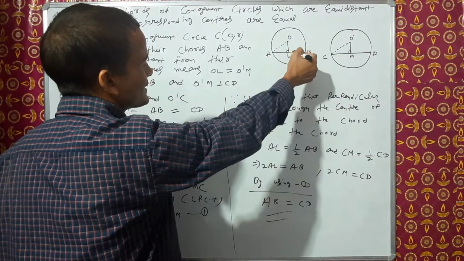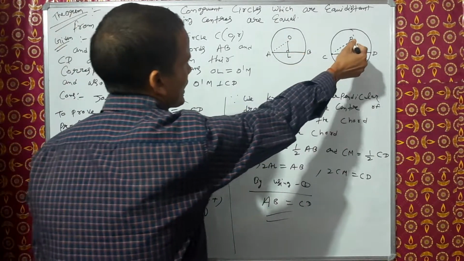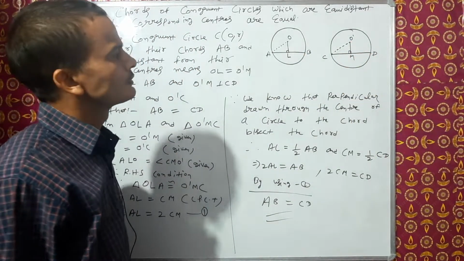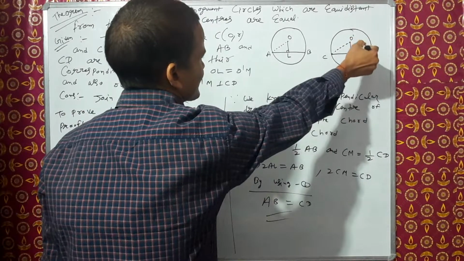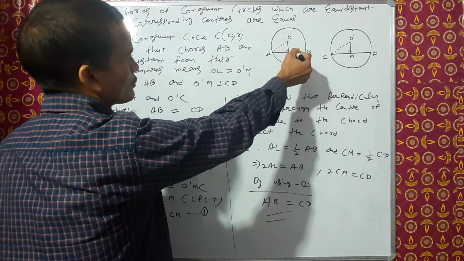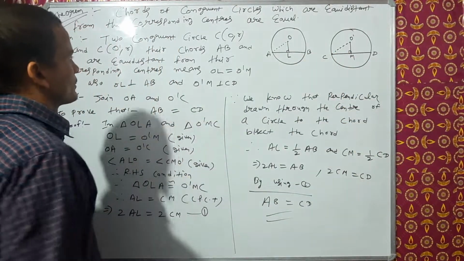OL is the distance between the center O and the chord AB, and O dash M is the distance between the center O dash and the chord CD, so OL and OM are equal, as given.